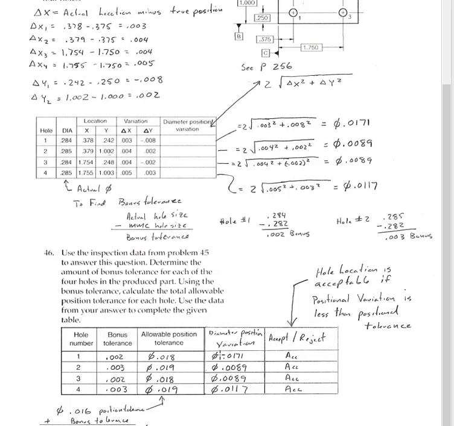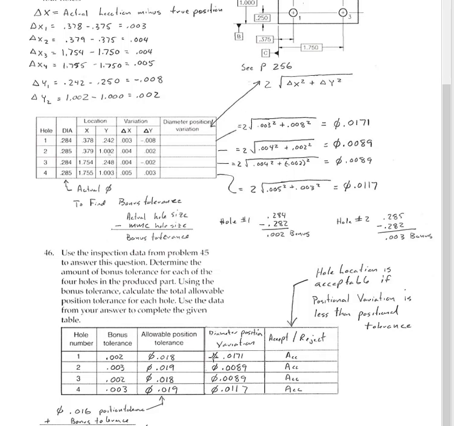Now we compare these two dimensions, and as long as this diameter position variation is less than your allowable position tolerance, then the hole location is acceptable. In this case we calculated a diametrical position variation of 17 thousandths. Our allowable position tolerance is 18 thousandths, so therefore it's good.